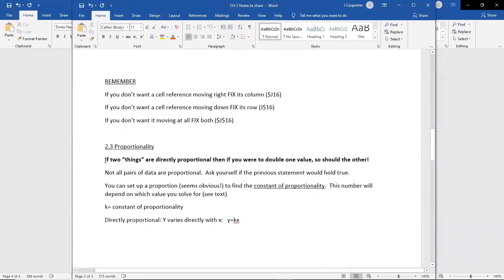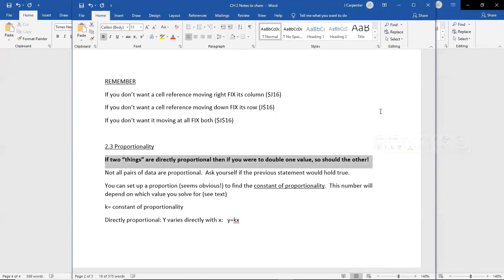So I've already kind of spoiled this bolded note several times in the past, and that's that if two things are in the sense of what we've said so far proportional, which really means directly proportional, it's kind of an extra word you're supposed to throw in there, but most people don't. Kind of like if I say it's 70 degrees outside right now, what I'm really saying is it's 70 degrees Fahrenheit.